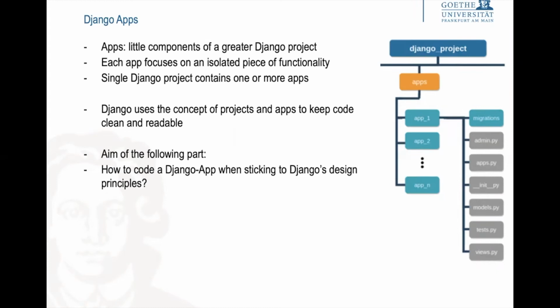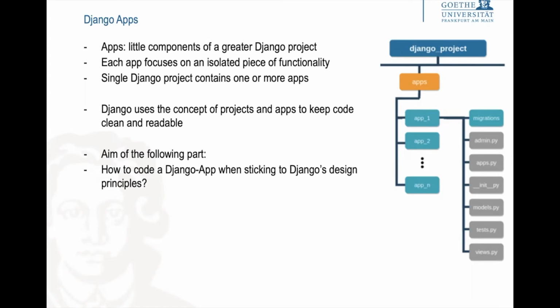And why does Django use this concept of apps and projects? The answer is because it really enables the programmer to keep the code very organized. And I can also tell this from my own experience when working with Django.